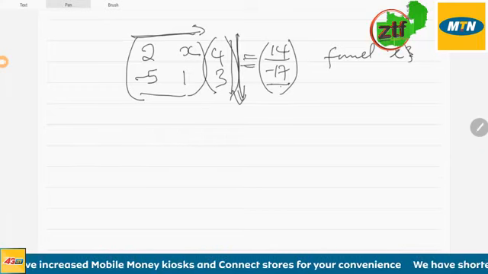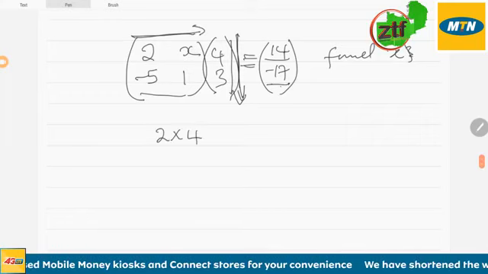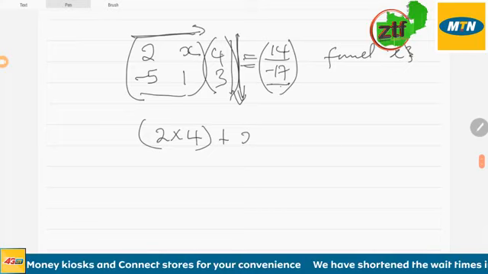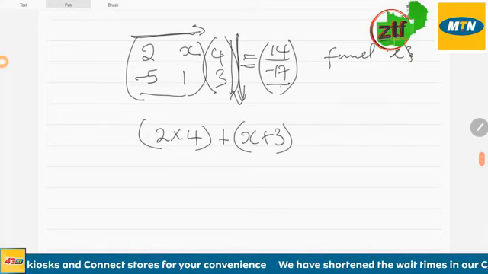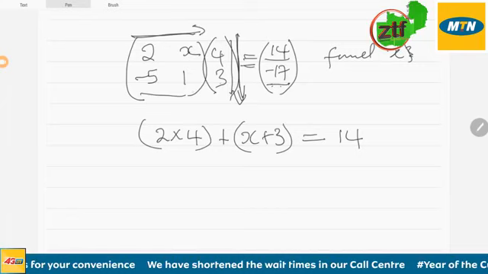And so we shall say 2 times 4 plus x times 3 should give us 14. If we also go ahead and multiply the second row and the column, it will be equated to -17.